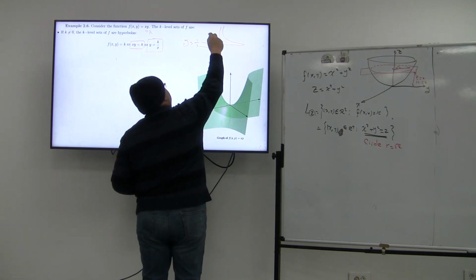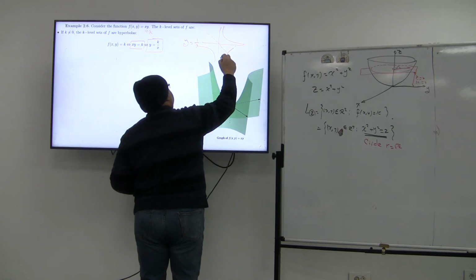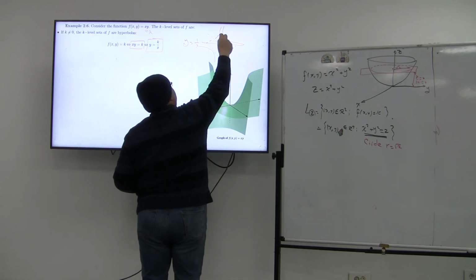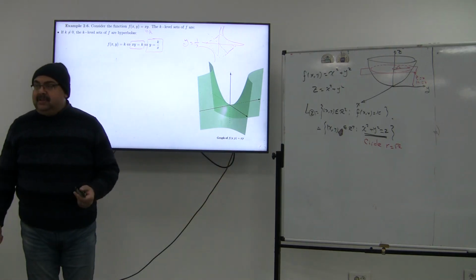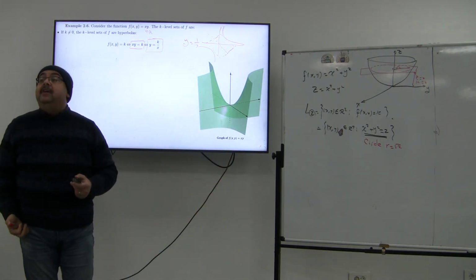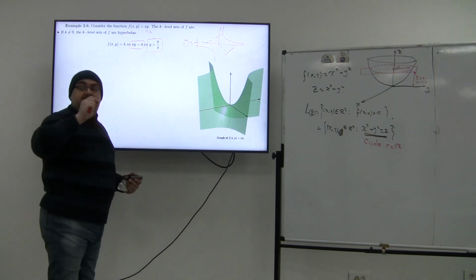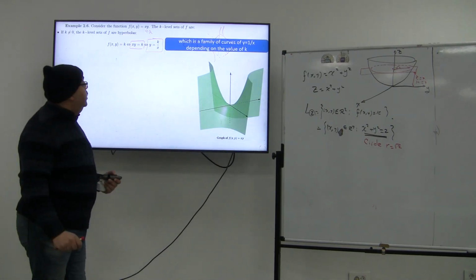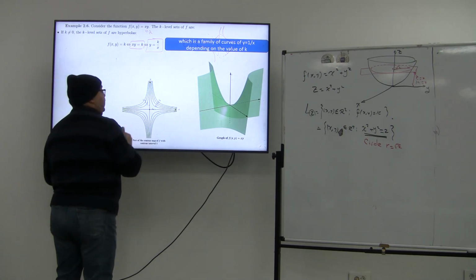Boss Adham, if you look at 45 degrees, like this case, you will have the shape of a hyperbola. This is why I told you it's a family of hyperbolas, because it will depend on the value of k: positive 1, positive 2, positive 3, and so on, which is a family of k.